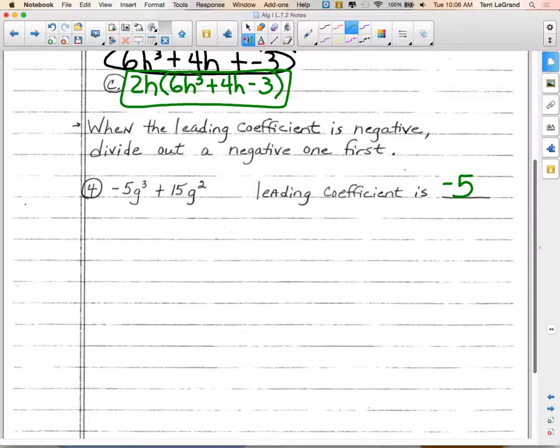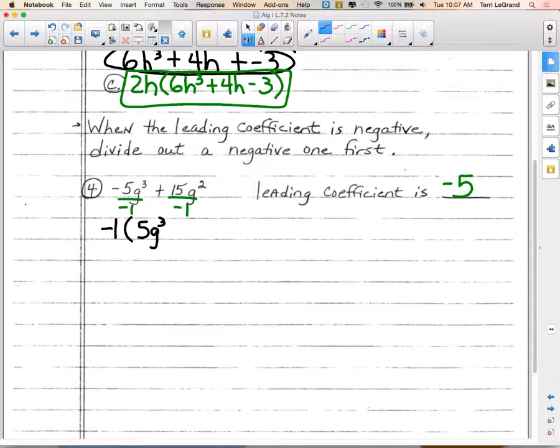So what we're going to do, first of all, is take each of these terms and divide them by negative 1, and rename this as negative 1. It's a factor now. It got divided out. When you divide or multiply by a negative 1, they change to their opposites, right?